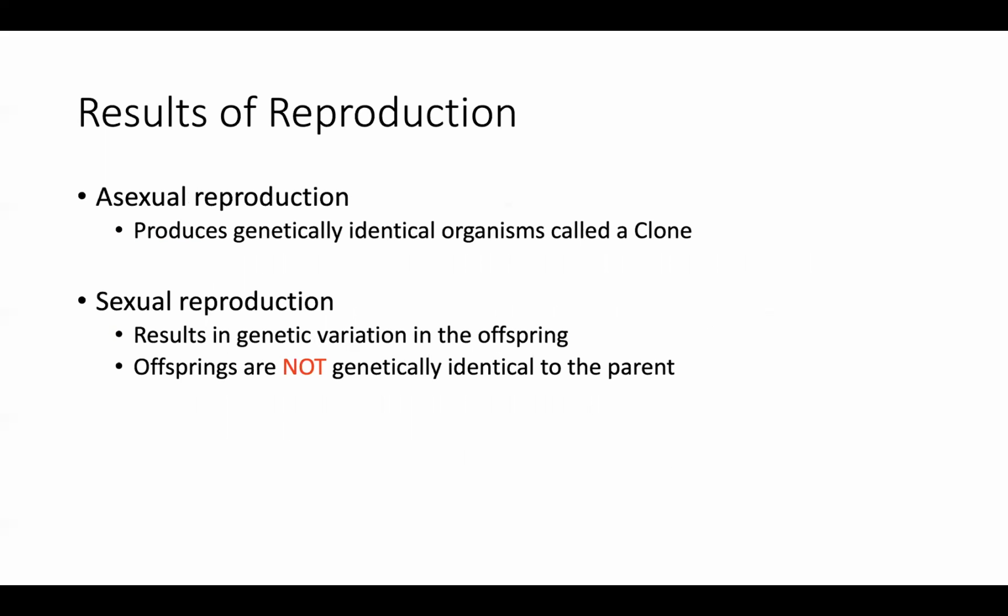Whereas sexual reproduction is going to result in genetic variation in the offspring. Every new individual that's created from the union of sperm and egg cells is going to be genetically different. Write this down: offspring generated from sexual reproduction will not be genetically identical to the parent.